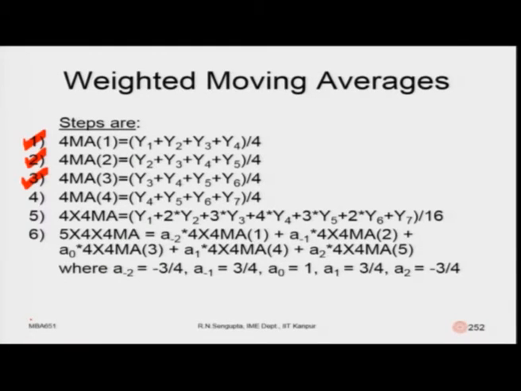Okay. Now, consider you have values as y 1, y 2, y 3, y 4, y 5, y 6 and okay, we should have a y 7 also because it is a 4-year moving average.